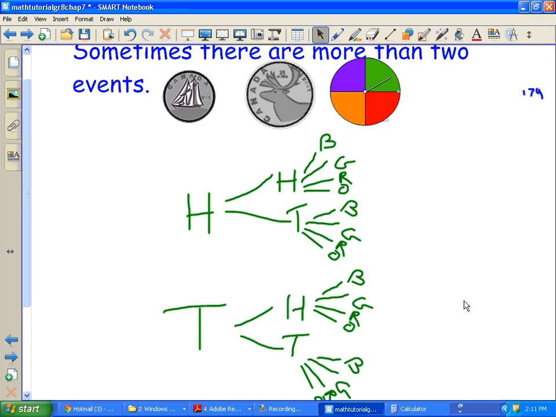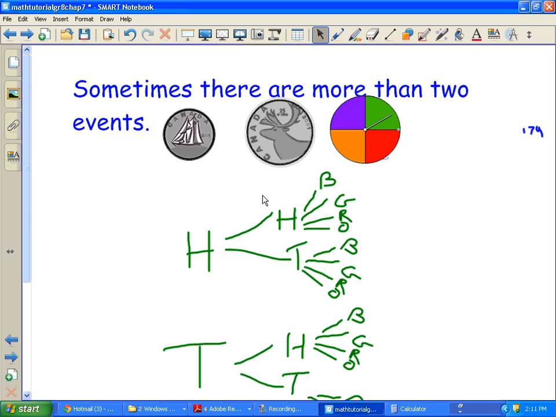Okay? So, looking at this, what are the possible outcomes? Well, starting off here, I could get a head, head, blue. So I could get H, H, B. I could have gotten head, head, green, or head, head, red, or head, head, orange.